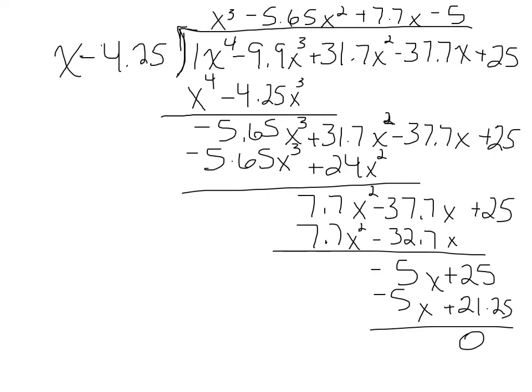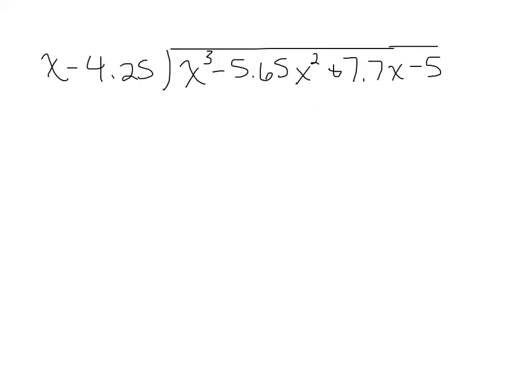Our problem, of course, is rounding. All right, so I divided the x minus 4 1/4 into the original once. I'm dividing it again because that factor occurs twice, a multiplicity of 2. So this will be x squared times x to the third minus 4 1/4 x squared. Draw your line, subtract.